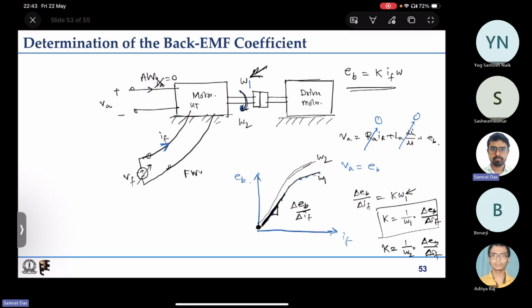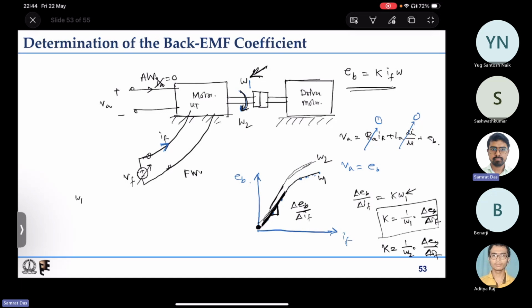Because there will be some experimental errors, any experimental measurement you do has some error in that. So if you want to average them out, you can do the same experiment at multiple speeds, and then record the linear region slope for all those cases, divide the slope by the omega, the speed, find the K values, and average them out.